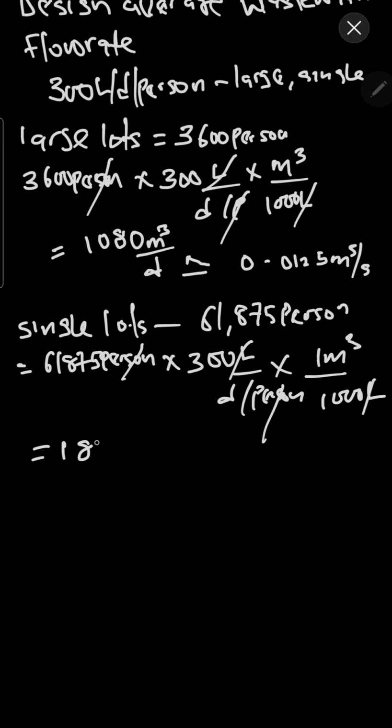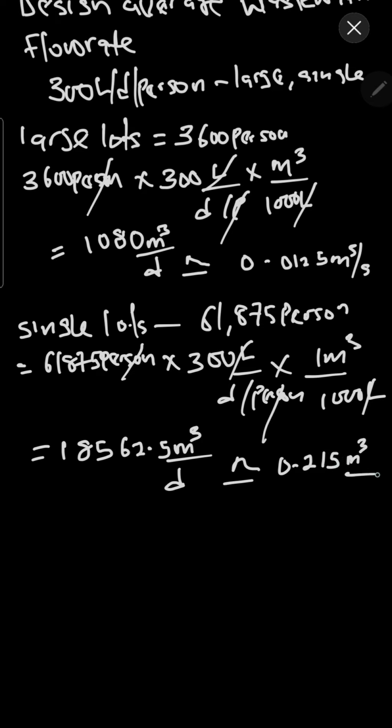Okay, 18,562.5 cubic meters per day. Convert to seconds, divided by 86,400. It's going to be 0.215 cubic meters per second.